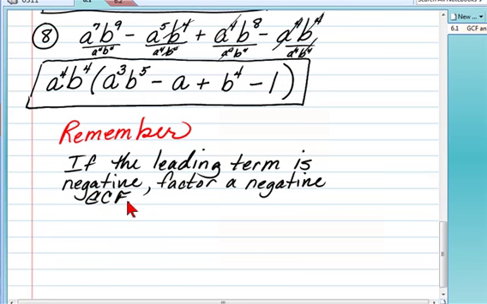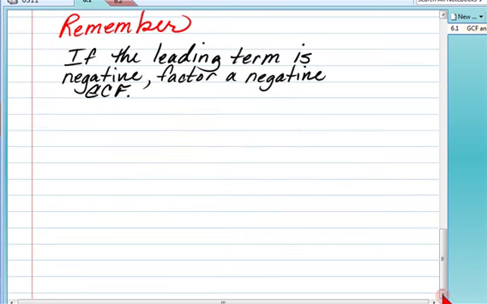And I'm about to show you an example of that. If the leading term is negative, factor out a negative GCF.